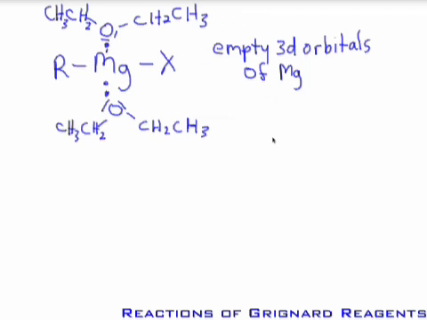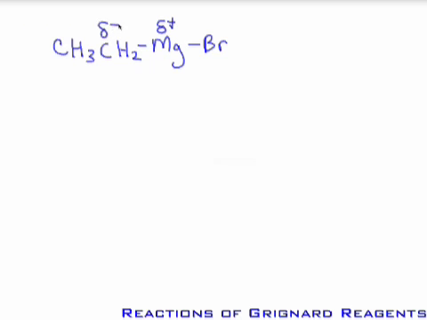Okay, how do Grignards and lithium reagents react? Well, in Grignard and lithium reagents, organometallic compounds, the metal is more electropositive than carbon, which is fairly rare. In other words, carbon is more electronegative than the metal. So the delta plus is on the metal and the delta minus is on carbon.